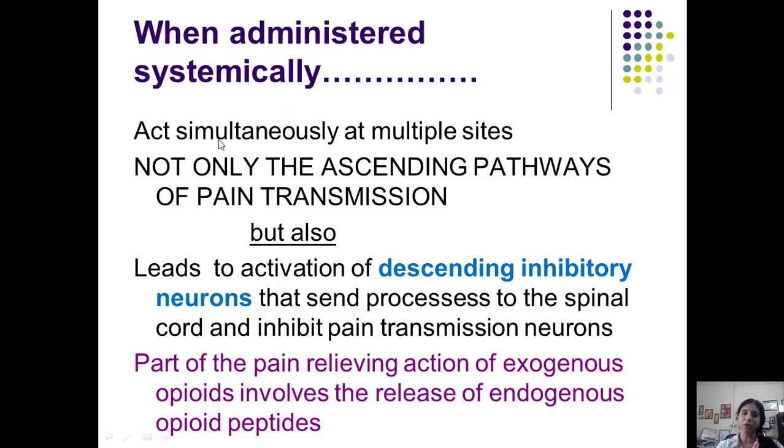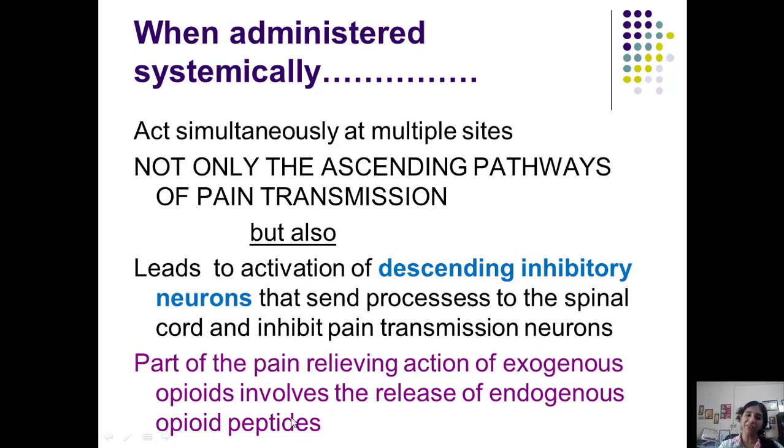So when you administer opioids systemically, the actions are multifaceted. They act simultaneously at multiple sites. Not only the ascending pathways of pain transmission, but they also lead to activation of the descending inhibitory neurons that send processes to the spinal cord and inhibit the pain transmission.